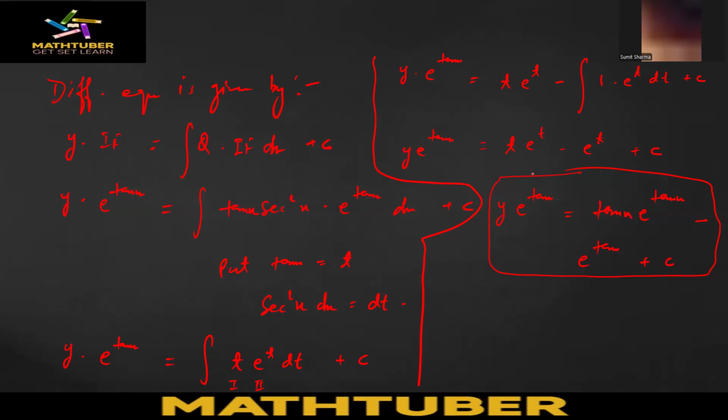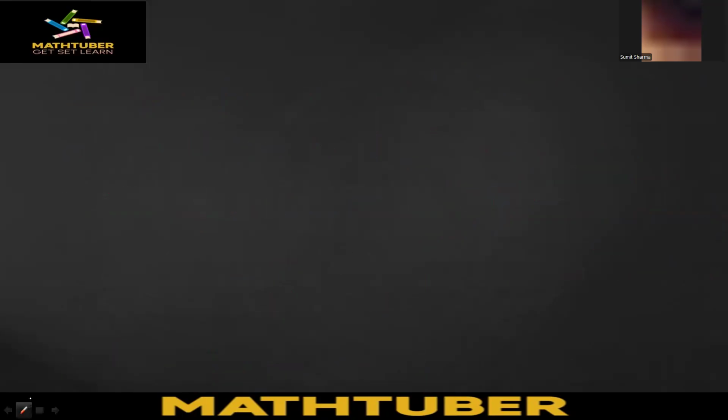After this, let's try the seventh question also. So the seventh question here is x log x dy by dx plus y equal to 2 upon x into log x. This is the question. First of all, we have to divide the whole equation by x log x.